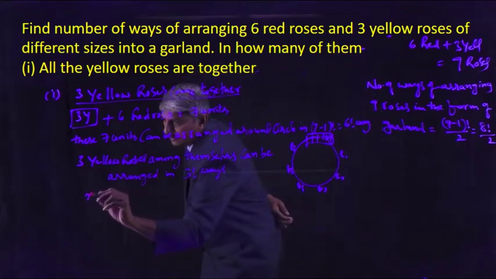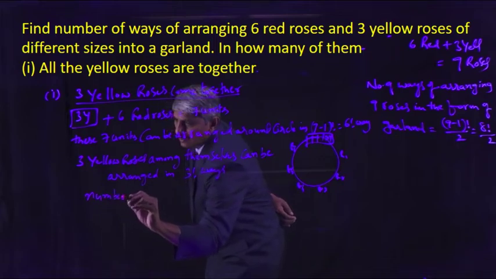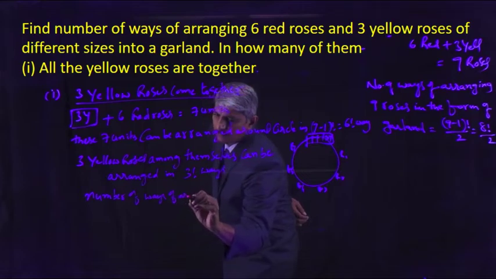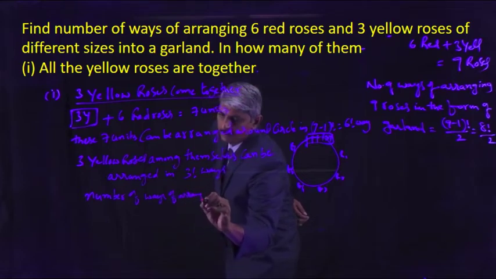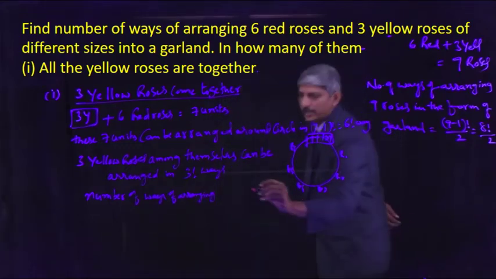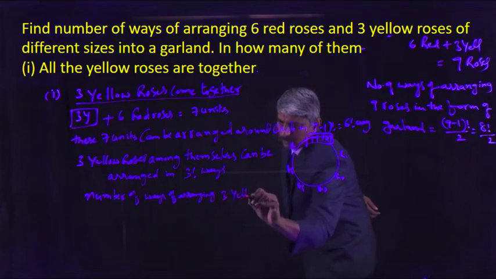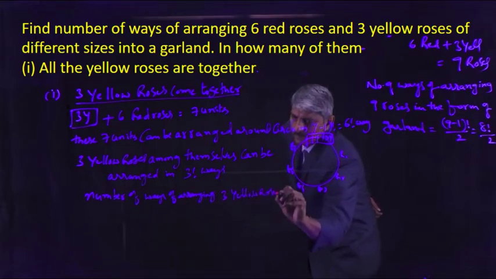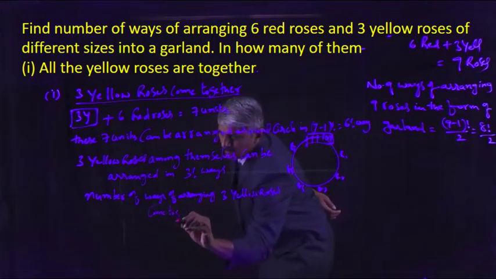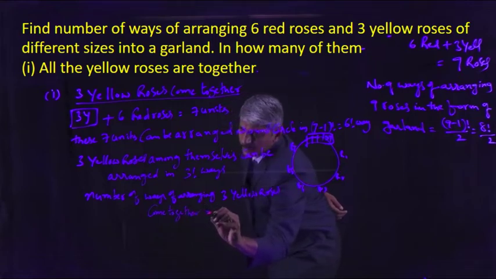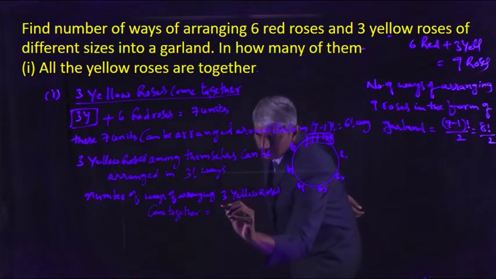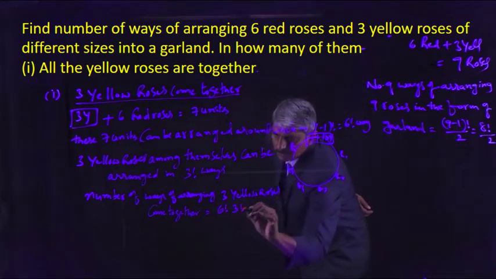Therefore, the number of ways of arranging with 3 yellow roses together is equal to the first operation, 6 factorial ways, times the second operation, 3 factorial ways: 6 factorial into 3 factorial ways.